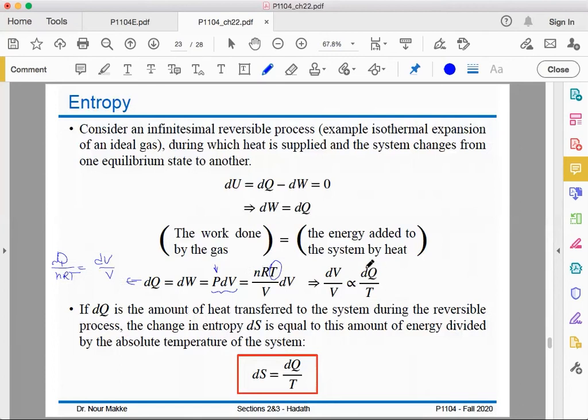In other words, when you make an expansion and your volume is getting bigger, what does it mean? The molecules are now moving in a larger volume, right? They can move in a bigger volume because there is an expansion. And so they have more randomness of position.